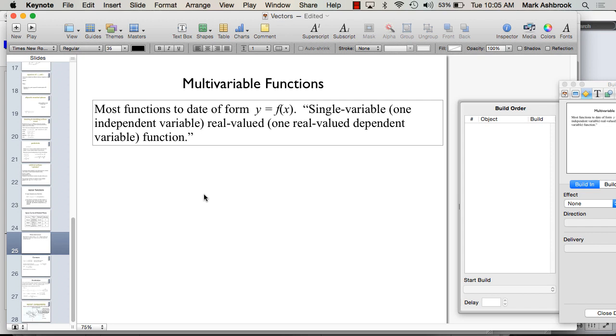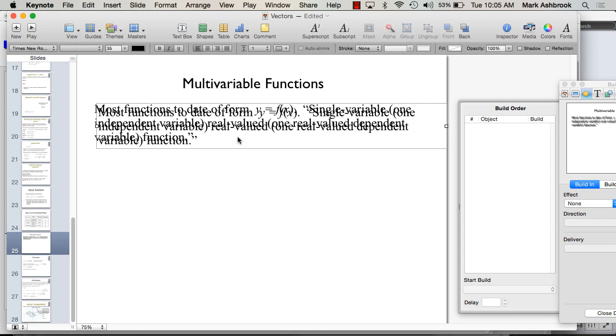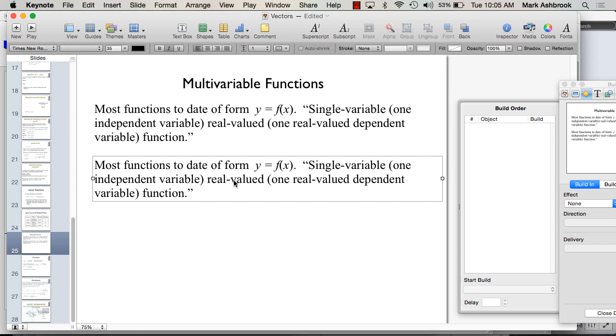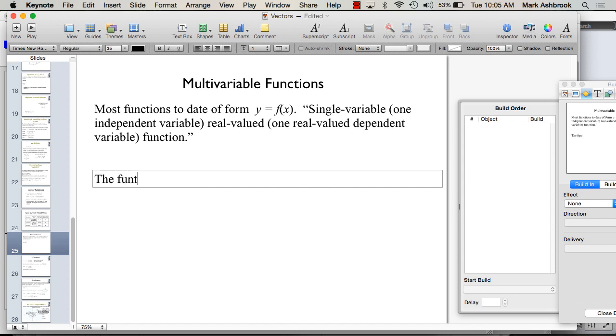So what would you call these vector functions we just got done with? How would you describe those? So r of t. How would you describe that if you're using the same terms?